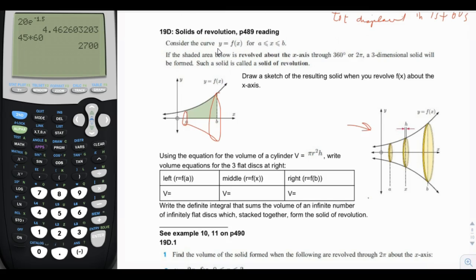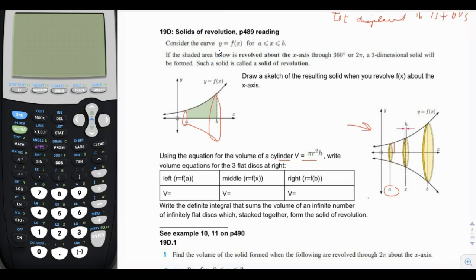Use the equation for the volume of the cylinder, V equals pi r squared h, and write volume equations for the three flat discs at the right. So there is a disc here, there's a disc here, and there is a disc here. So the left disc has a radius of f of a, right? F of a is this distance here.